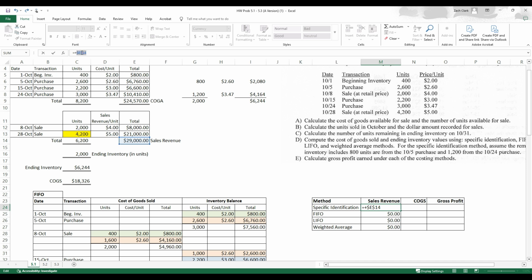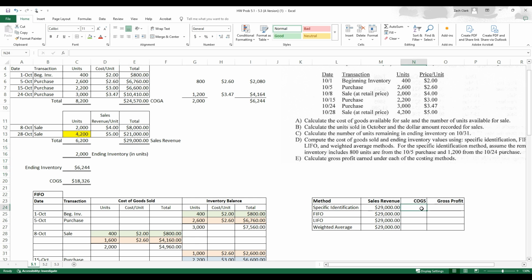What that does is add dollar signs around the E. You could also just do this manually, putting the dollar signs in there, but F4 is a shortcut for doing that. It's kind of handy because it's sort of a pain to click into there. But what that does then is when you drag down, it's still going to refer to that same cell every time, and it won't do the updating where it keeps going down.